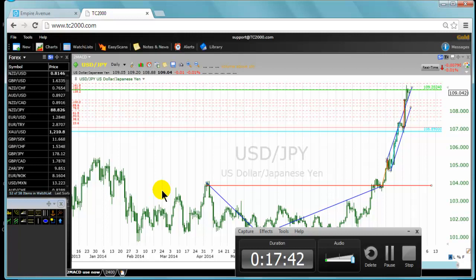So we want to know where the key levels are. A bullish cycle or a bearish cycle will start from a key level. A bullish cycle will start from a valid support level. A bearish trend will start from where? A valid resistance level.